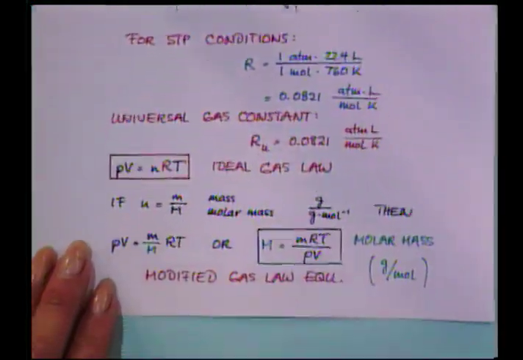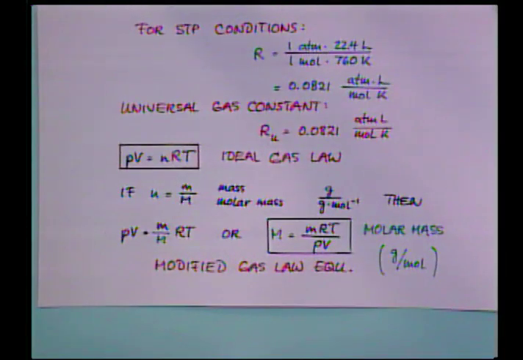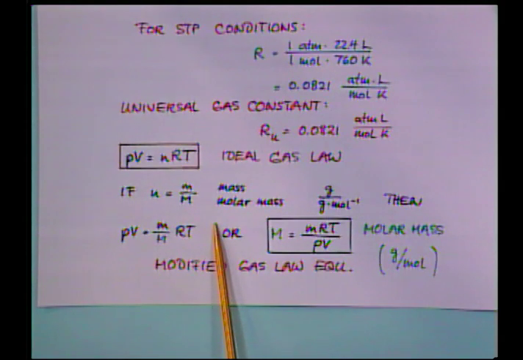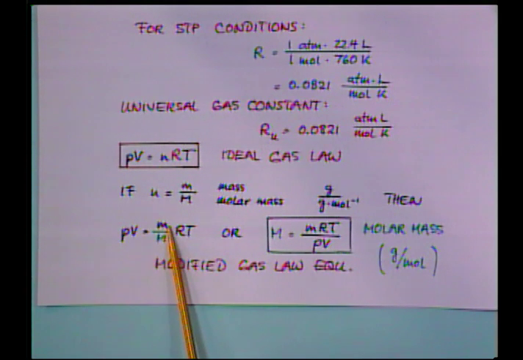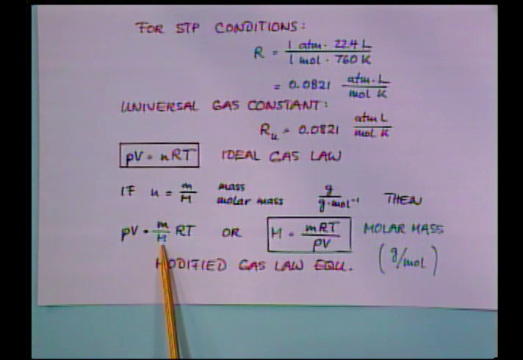Now, one thing which is interesting is that we can use this equation to modify it a little bit, because remember the number of moles is any mass divided by the molar mass, grams over grams per mole. If we substitute little n with little m, which is any mass, divided by big M, which is the molar mass, then we can actually have a handy equation that allows us to determine an unknown molar mass of a gas that we might collect in an experimental procedure.